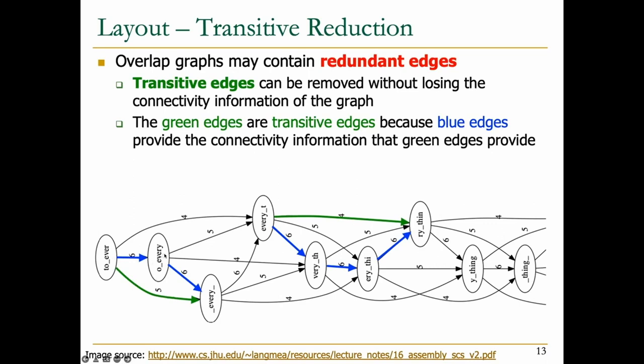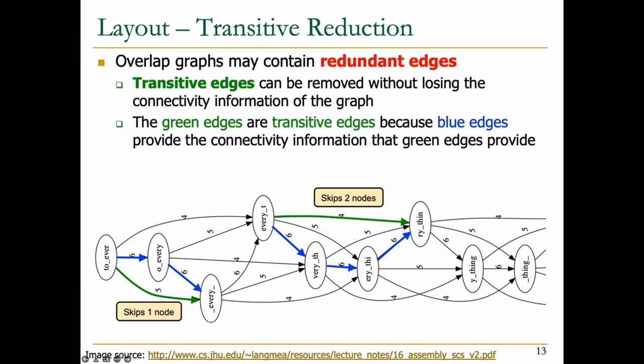Such cases may happen in the graph, such that if you remove the other one, then you're losing some connectivity information in the graph. So that's why we were saying that the green one is the transitive edge, and the other one is not, because it may be possible that we lose some connectivity.